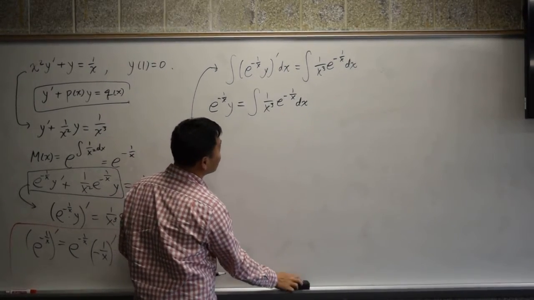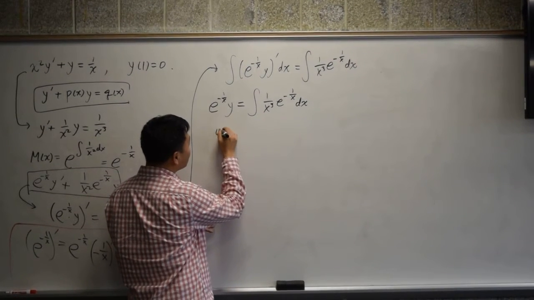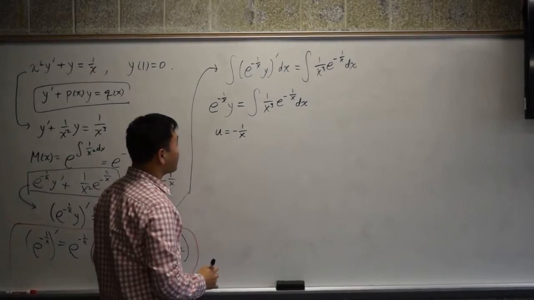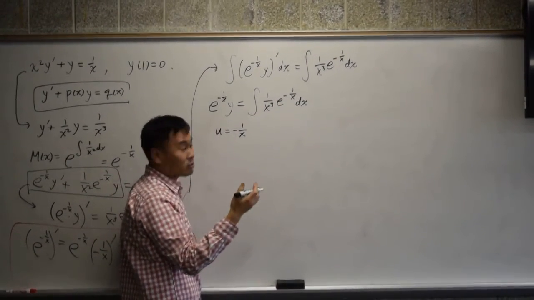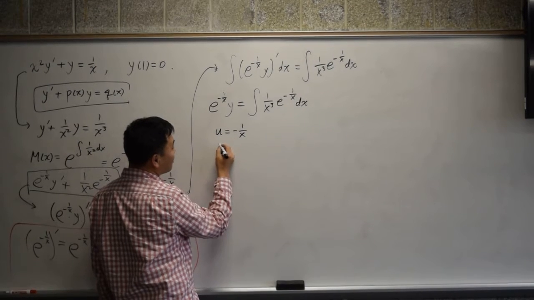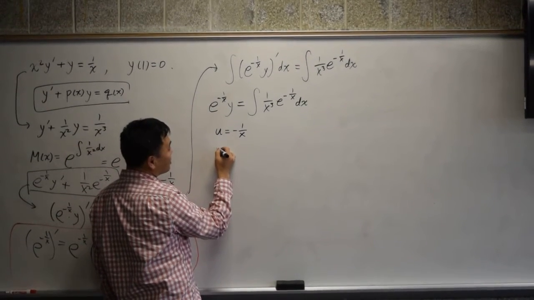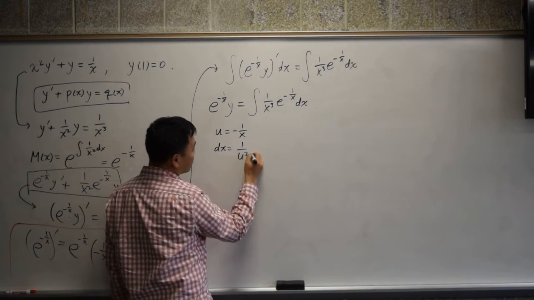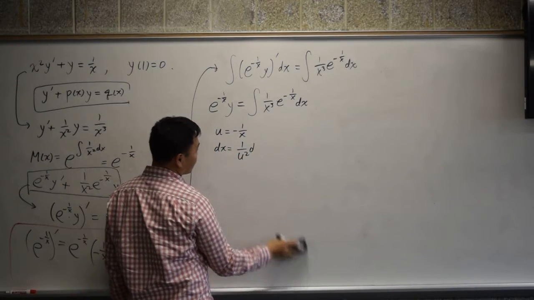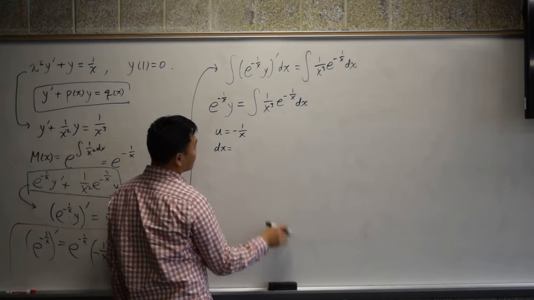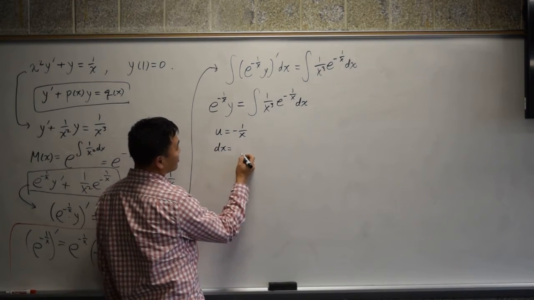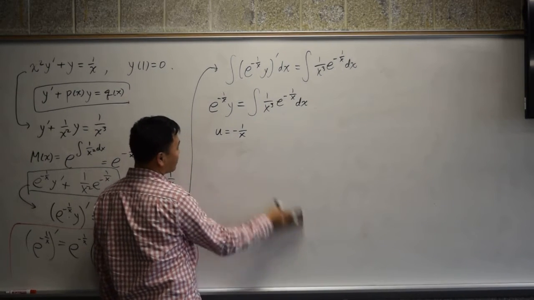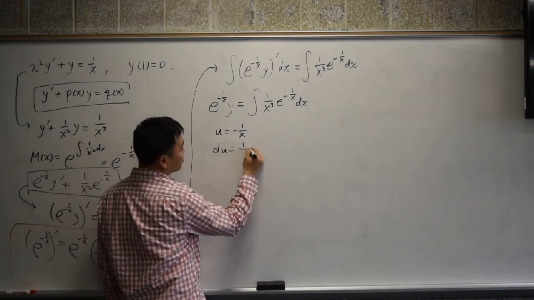Instead, what you have to do is to set u equals negative 1 over x for this one, and do the transformation. So it's again the same story. Actually, let's do it like this. du is 1 over x squared dx.